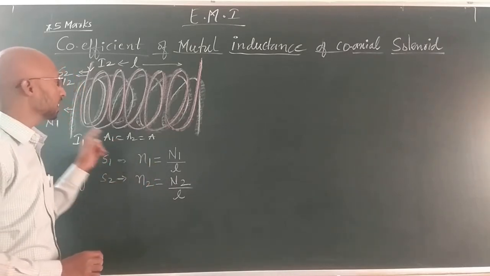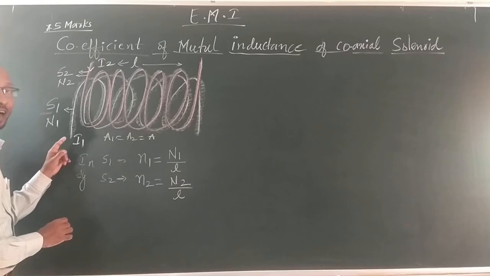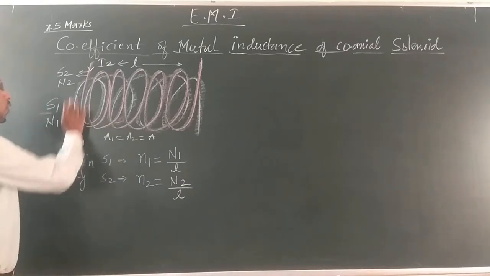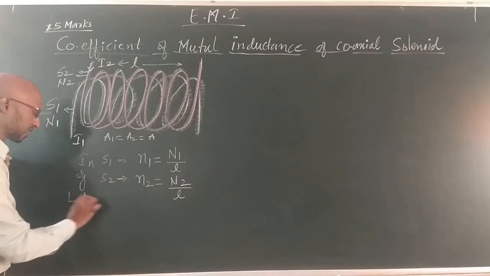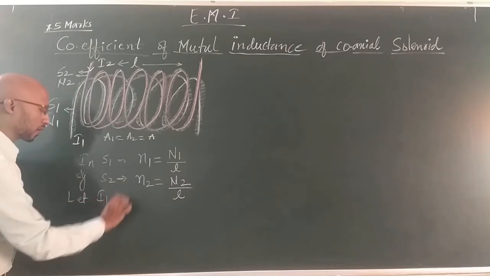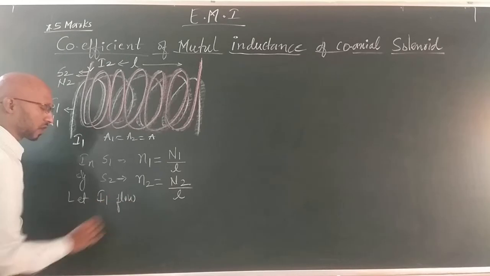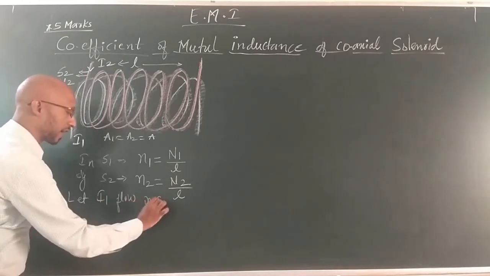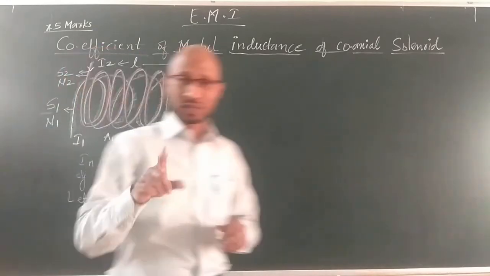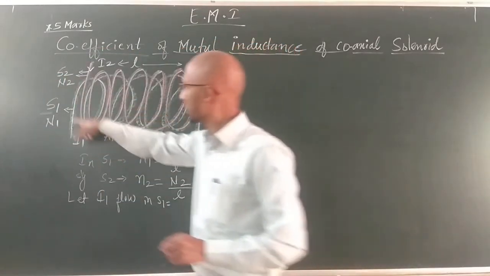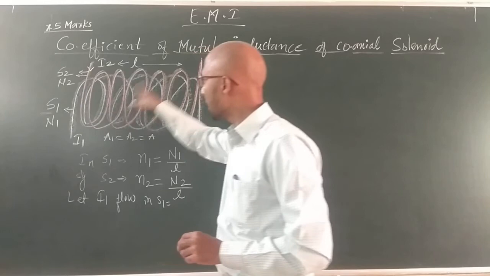Now let us say that the current I1 flows in the first solenoid, S1. When a current flows in the first solenoid, what happens?